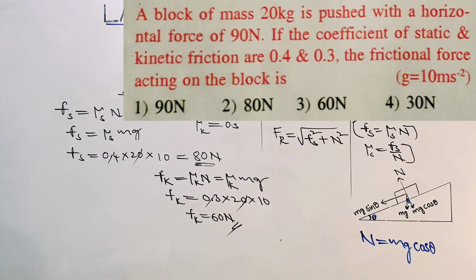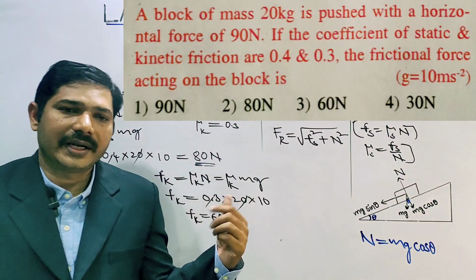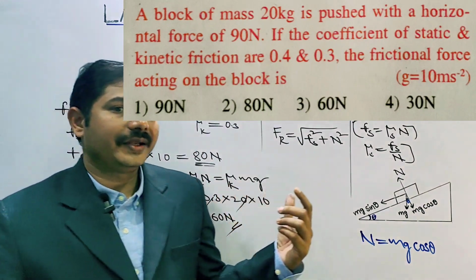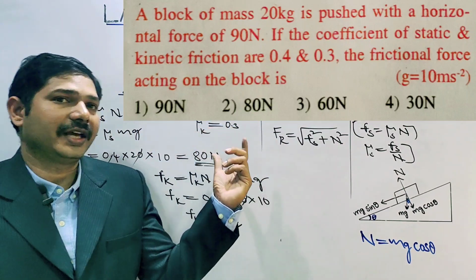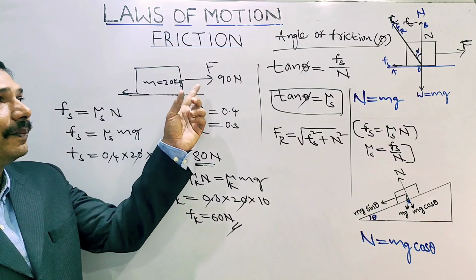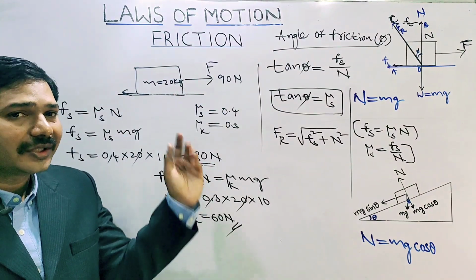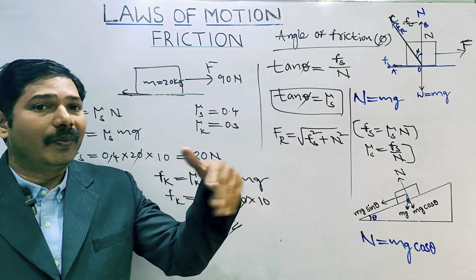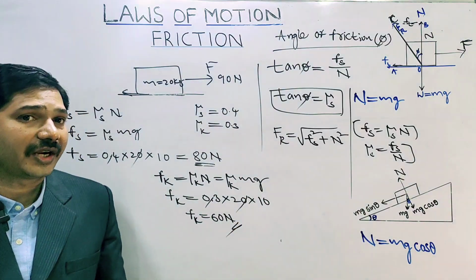The third option is correct. You can observe the second option, 80, is also given, but 80 is the wrong answer. Why? Here it is very clear the frictional force is less compared to our applied force. At that time the body slides, which means kinetic or dynamic friction.